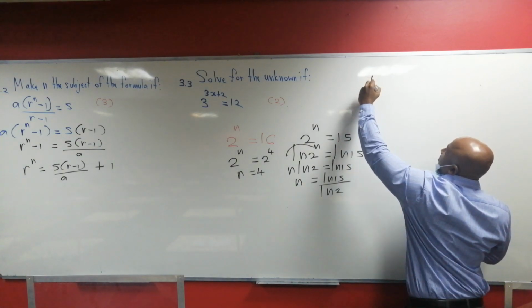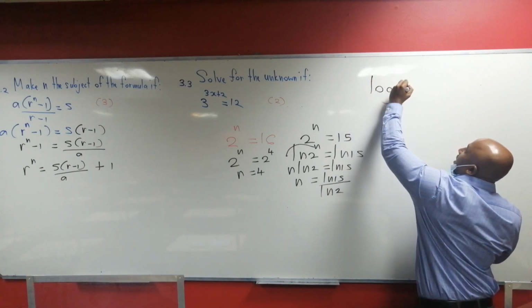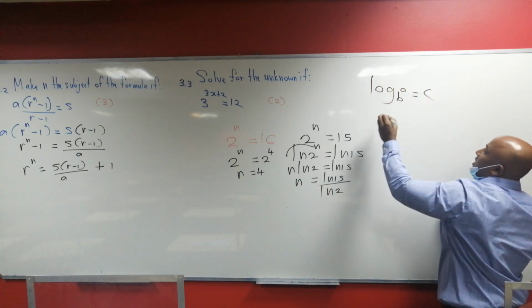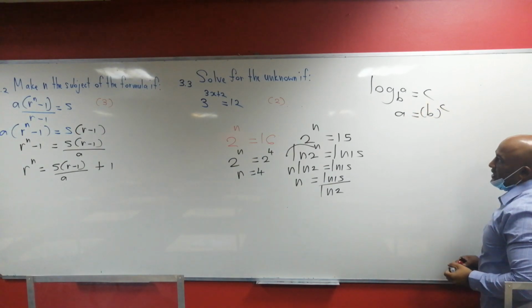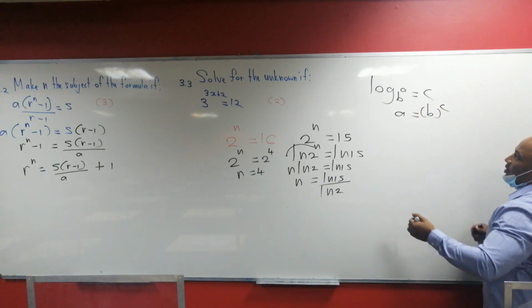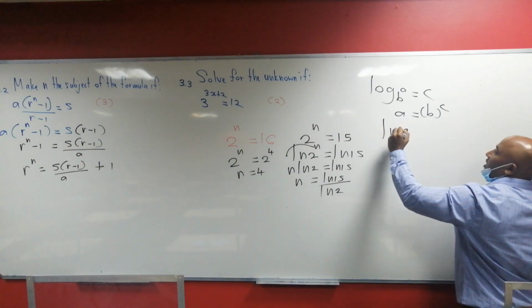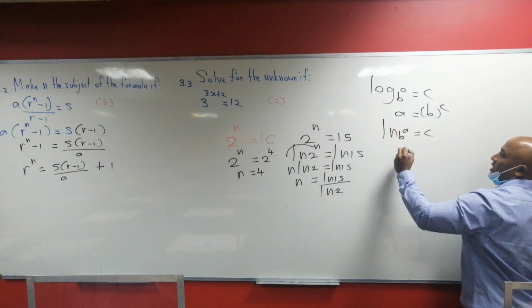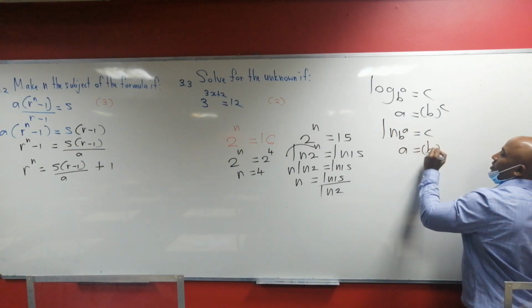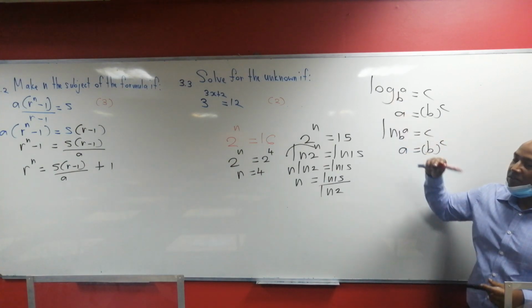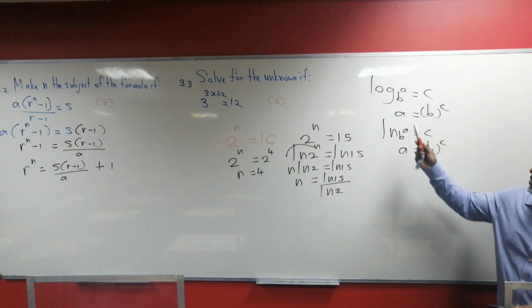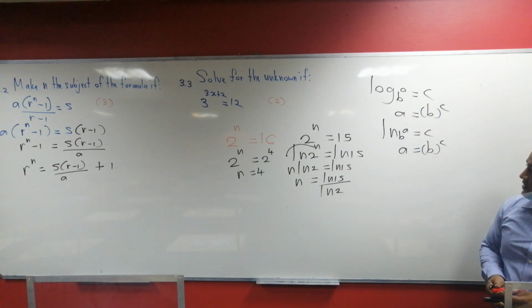Similarly, if you have log a to the base b equal to c, then a is equal to b to the power c. Same thing if you have ln a to the base b equal to c, so a is equal to b to the power c. Whether it's ln or log, it's the same rules. The only thing is the base is different.